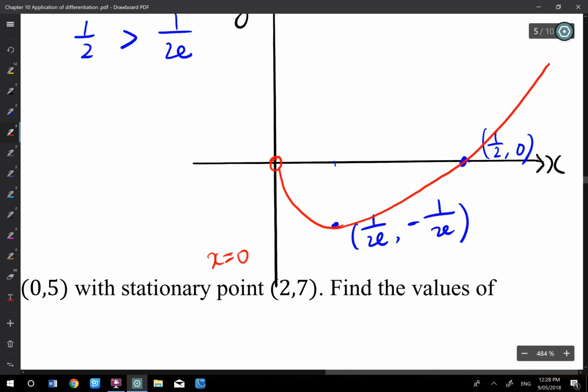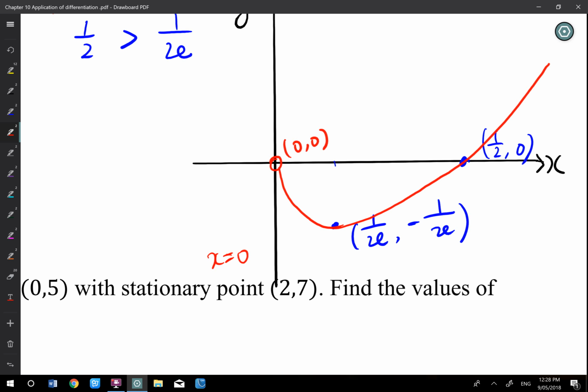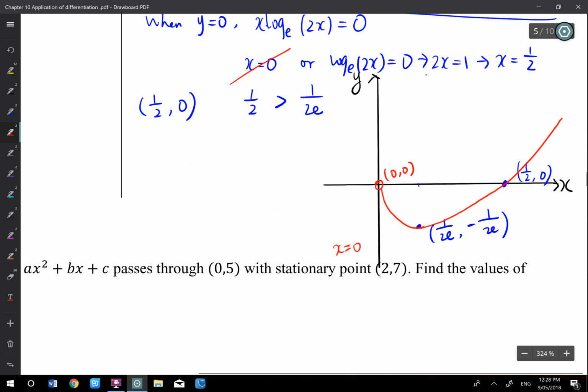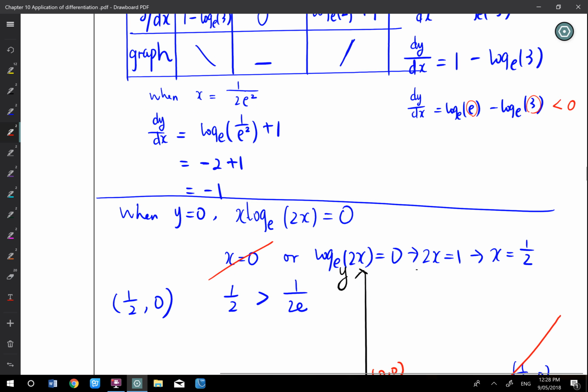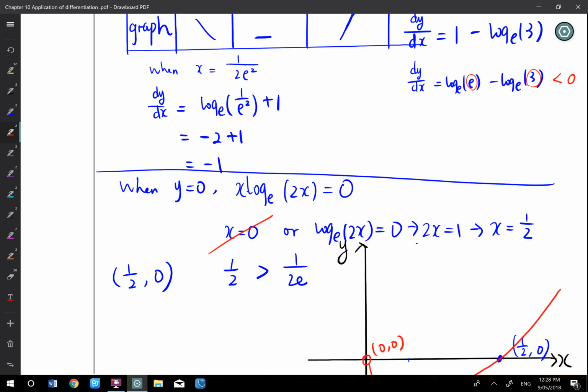Then we have fully sketched it. Questions? That's a really good question. I really like this question. It really helps you to think about things.